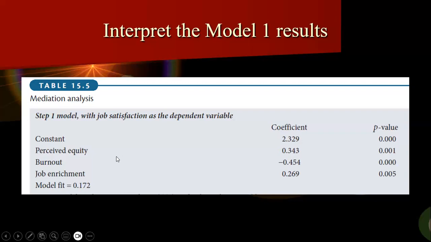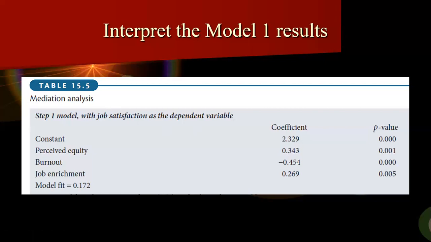For example, perceived equity has a beta coefficient of 0.343. Since this beta coefficient is positive, this means perceived equity has a positive impact on the dependent variable, that is job satisfaction. So there is a positive impact.